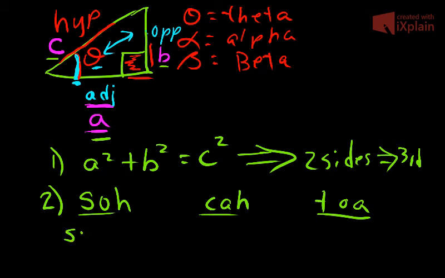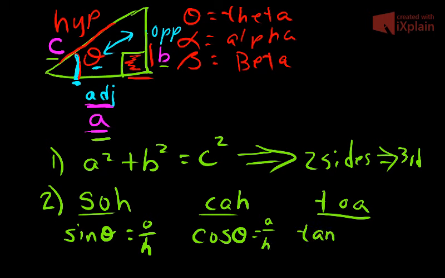And it is sine of theta is equal to the opposite over the hypotenuse. Okay, what's C stand for? Who remembers? Come on. Cosine. Yes, cosine of theta is equal to adjacent over hypotenuse. And what's T stand for? Tan theta is equal to opposite over adjacent.